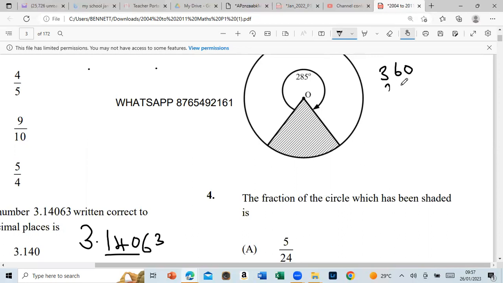The unshaded part is 285. So let's just subtract and find out what number represents this. 5 from 5 leaves 0. 8 from 5 you can't, so it's going to leave 75. Next we put 75 over 360 and reduce it.